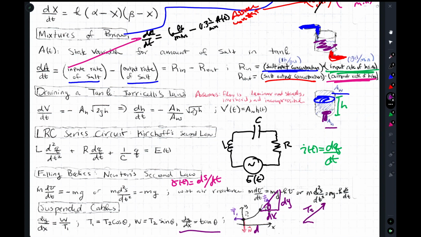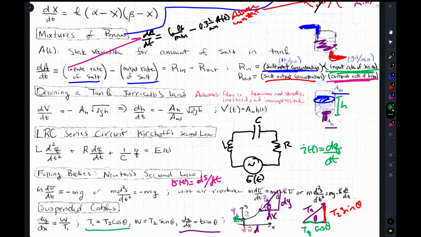We have this T2 at angle theta, and so this is going to be T2 sine theta. This is going to be T2 cosine theta. And T1 is tugging to the left. The sum of the forces is 0 because it's not moving.